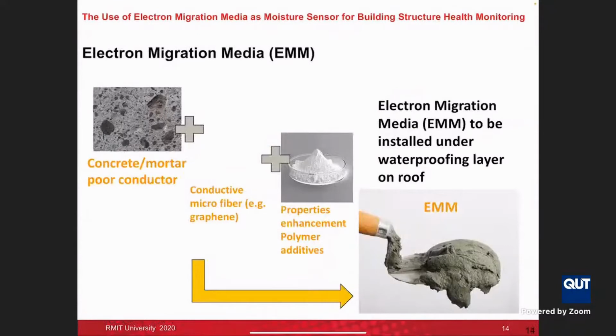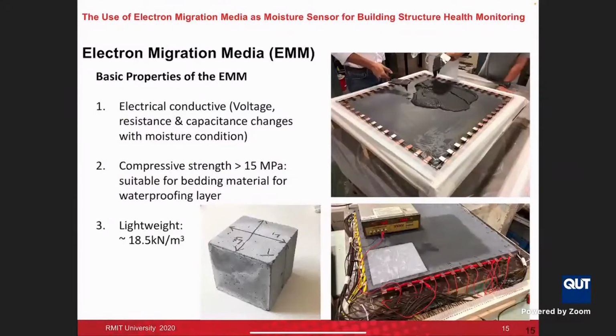The whole idea behind this is that the EMM is just a traditional cement mortar with the addition of graphene and some other additives, so that the cement mortar is more conductive compared with traditional cement mortar. Here you can see a picture from our laboratory work. On the right hand side of the picture, we cast a panel with the EMM with some conductive copper.